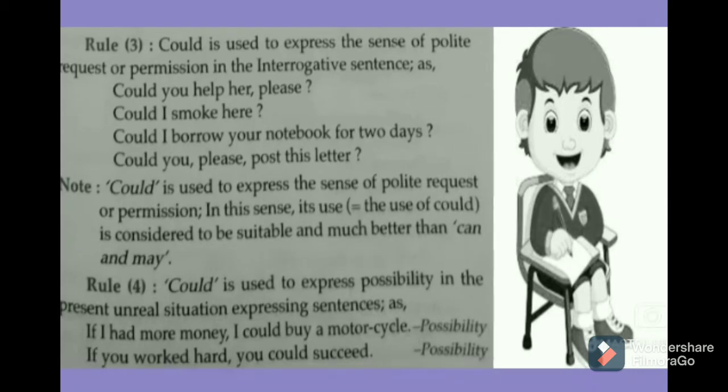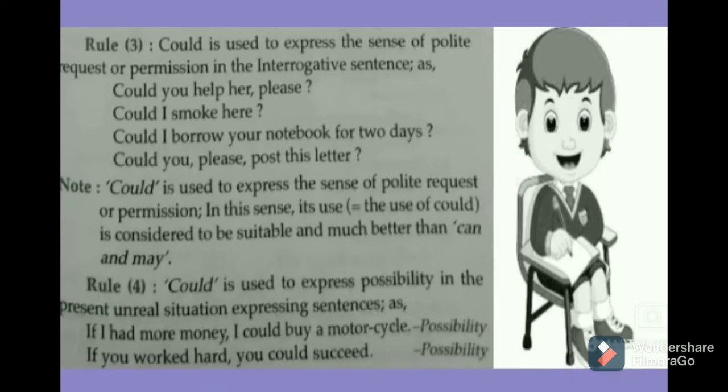Could is used to express the sense of polite request or permission in the interrogative sentence. As, could you help her please? Could I smoke here? Could I borrow your notebook for 2 days? Could you please post this letter?